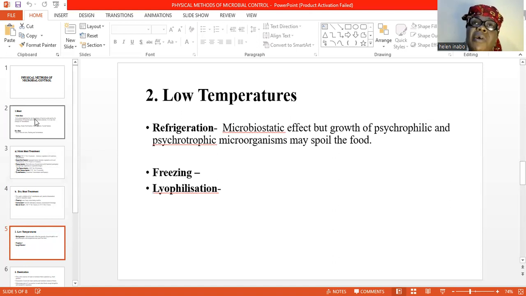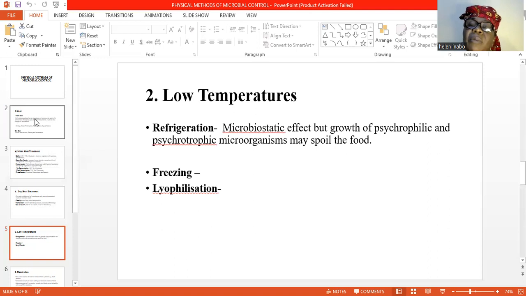That is, microorganisms will stop growing, but that doesn't mean they are dead. It is important to note that not all microorganisms are killed in the refrigerator. You have psychrophilic and psychrotrophic microorganisms that may spoil food at refrigeration temperature.